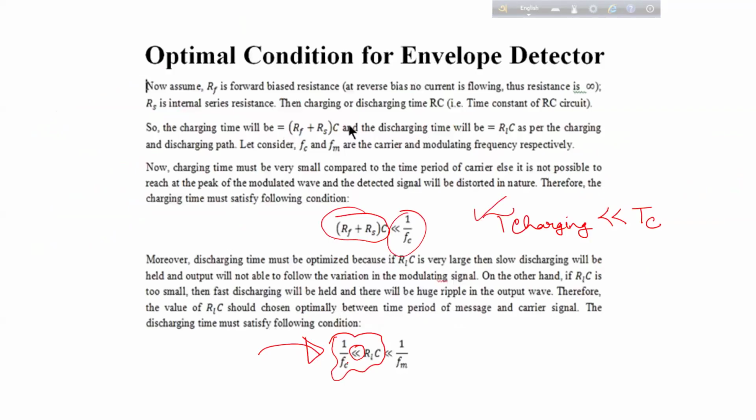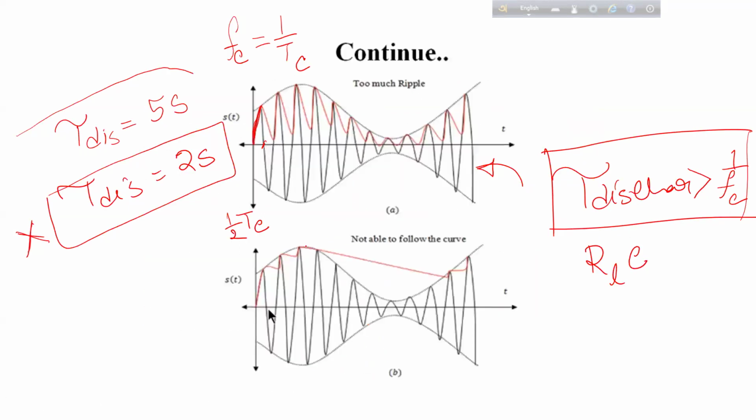Now again, there is another condition for discharging time. When you are discharging, this is our original signal, this is the envelope of the modulated wave. Now the message signal has some time period also.